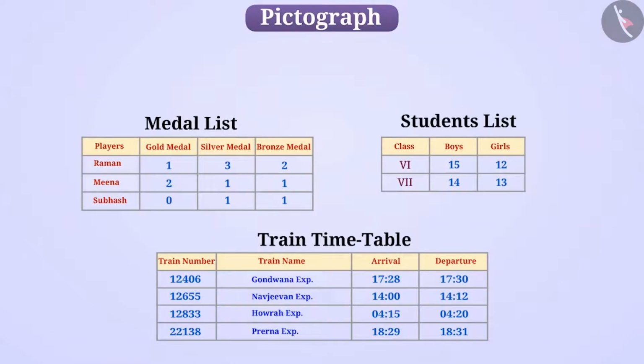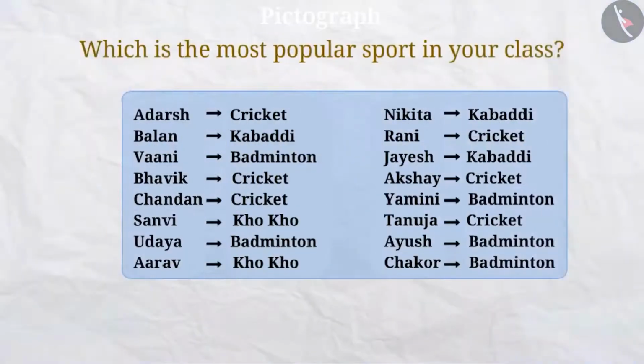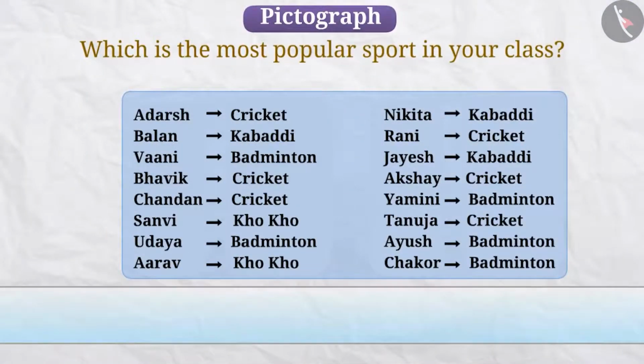In the previous video, we learned that data are a collection of numbers which are collected to give some information. The process by which we collect information related to a subject is called data recording.